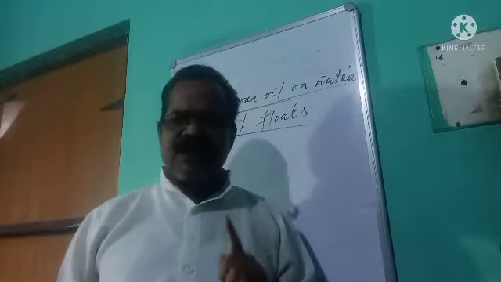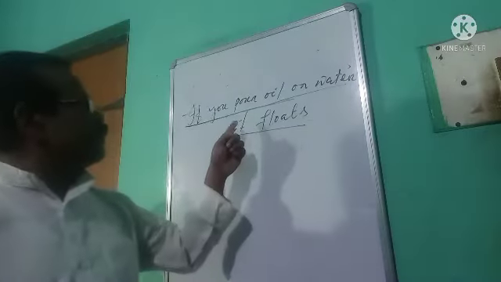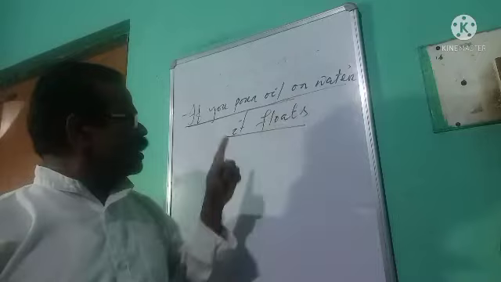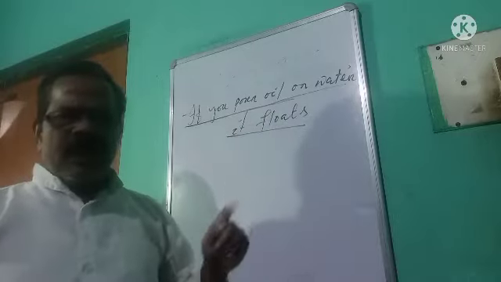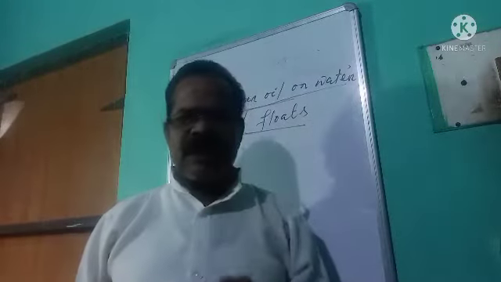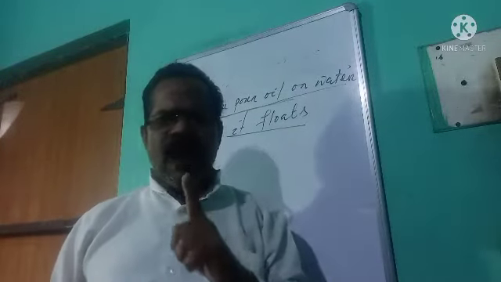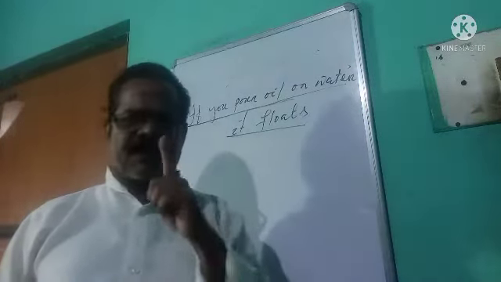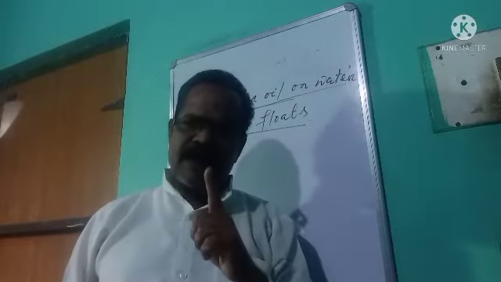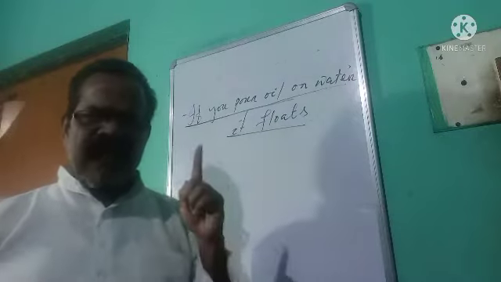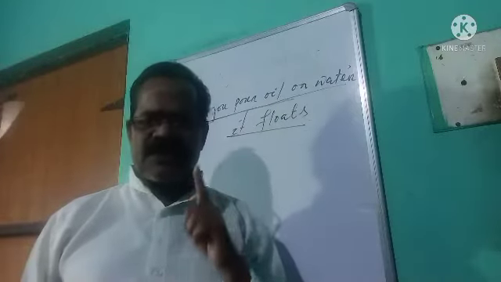Okay, that means the example I gave you, if you pour oil on water, it floats, is a general truth. If you add 2 and 2, it makes 4. It is a mathematical truth, and it becomes a type 0 conditional clause.